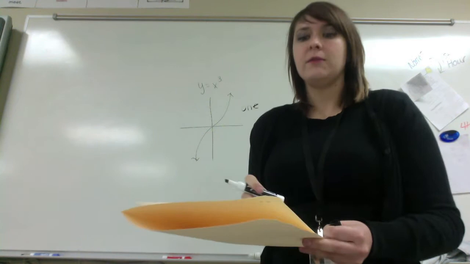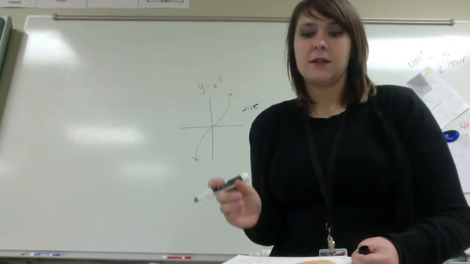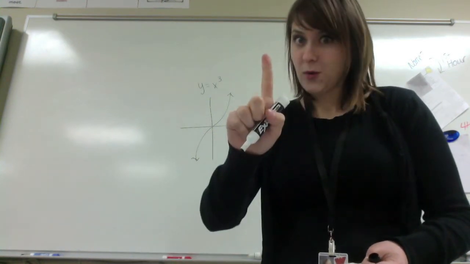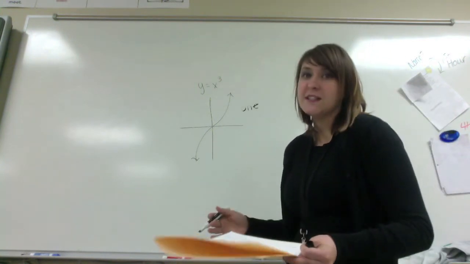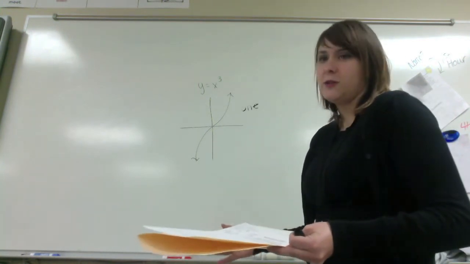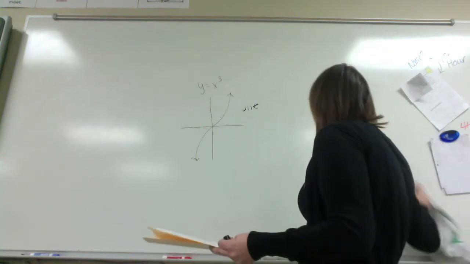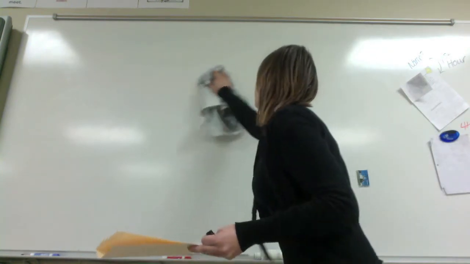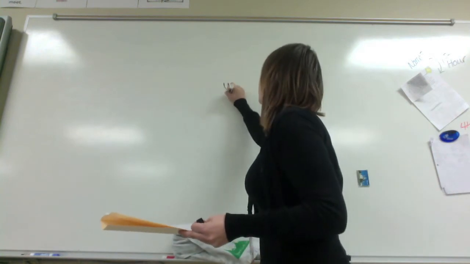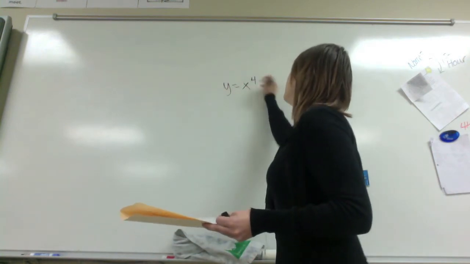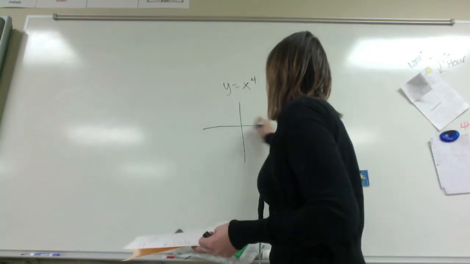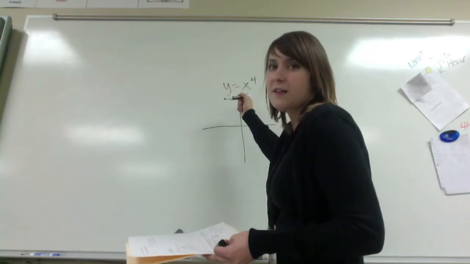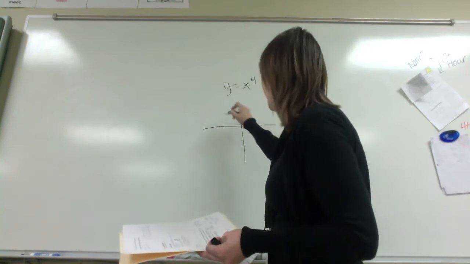So when you have y equals x to the n and n is odd, it's going to have one real root. If you have y equals x to the n and n is even, that's going to be a totally different story. So let's say I have something like y equals x to the fourth. When I graph that, it basically looks like a parabola.